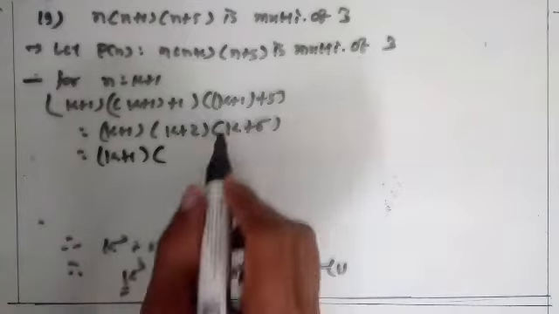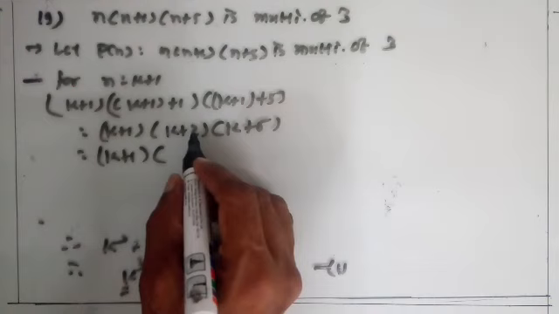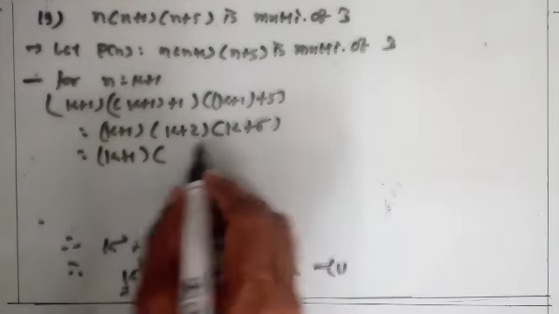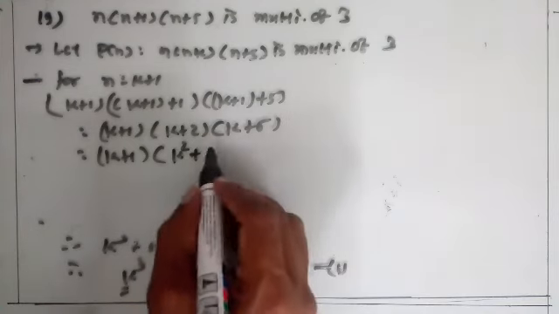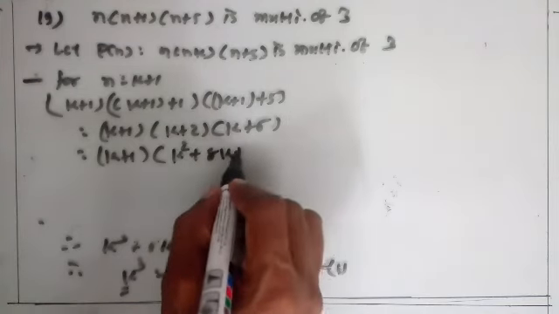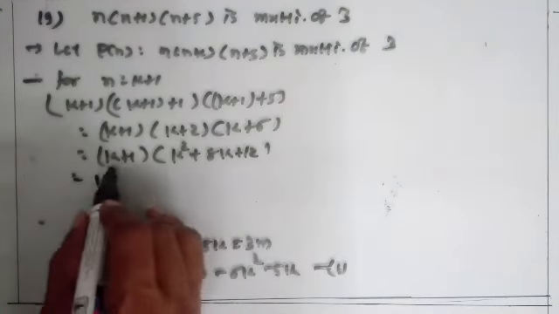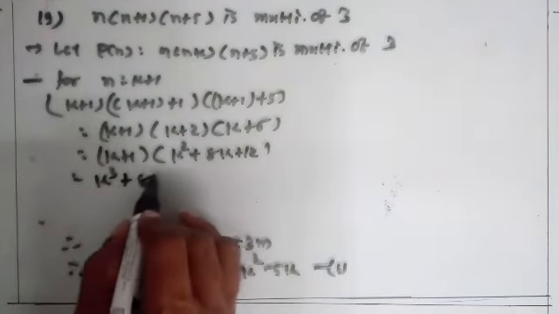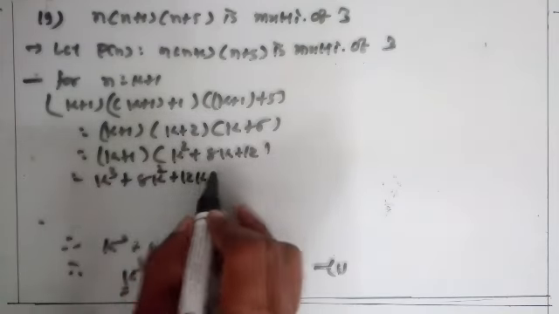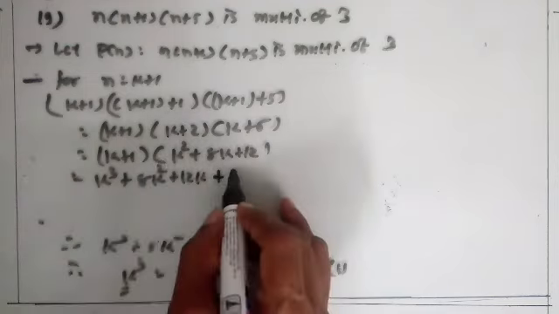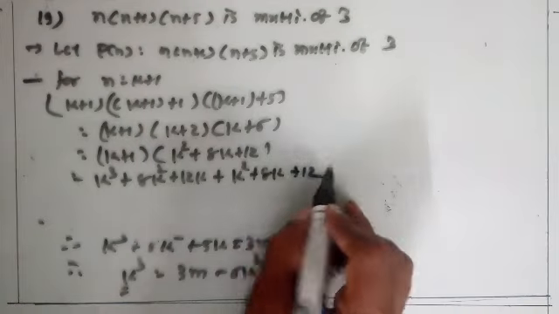here this becomes k plus 2 into k plus 6 become k square plus 2k plus 6k becomes 8k plus 12. So it is equal to, now k take inside, so k raised to 3 plus 8k square plus 12k plus multiply by 1, so k square plus 8k plus 12. Clear this?